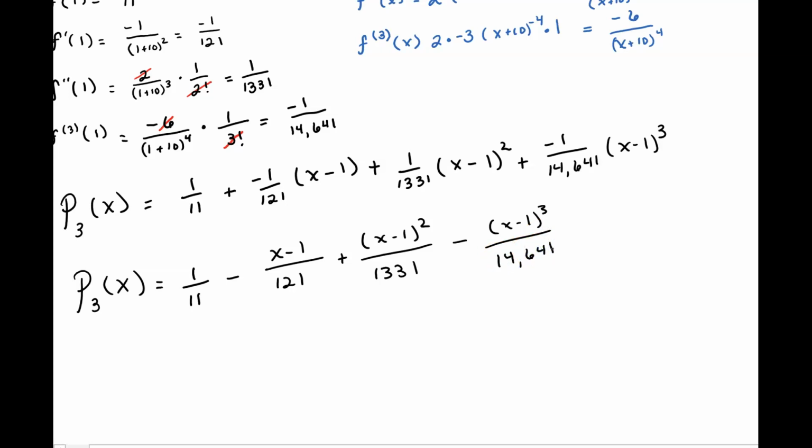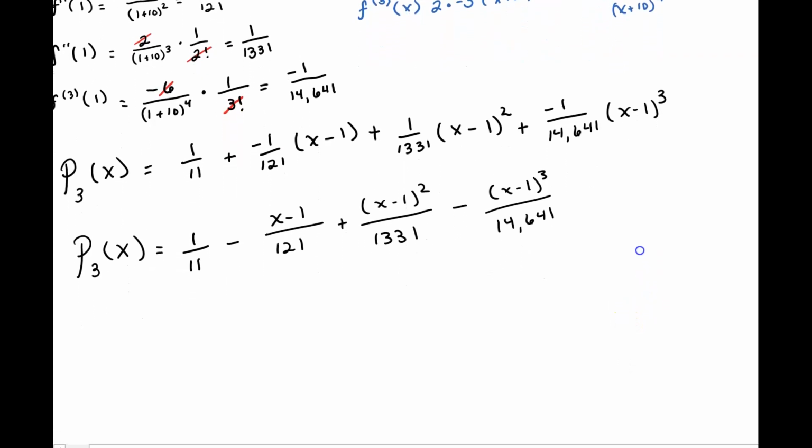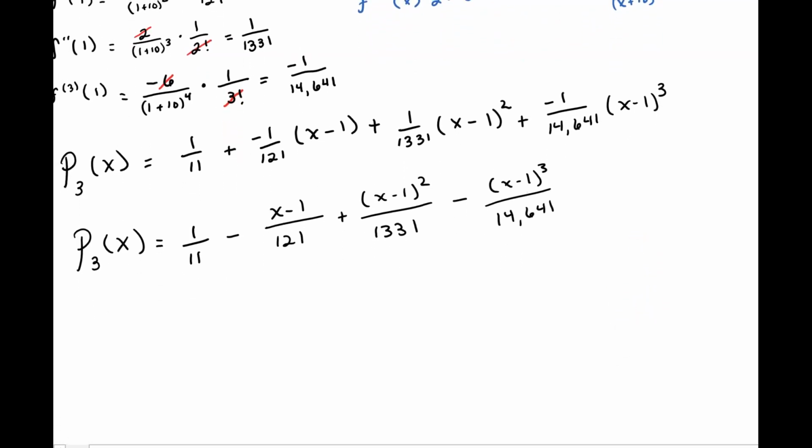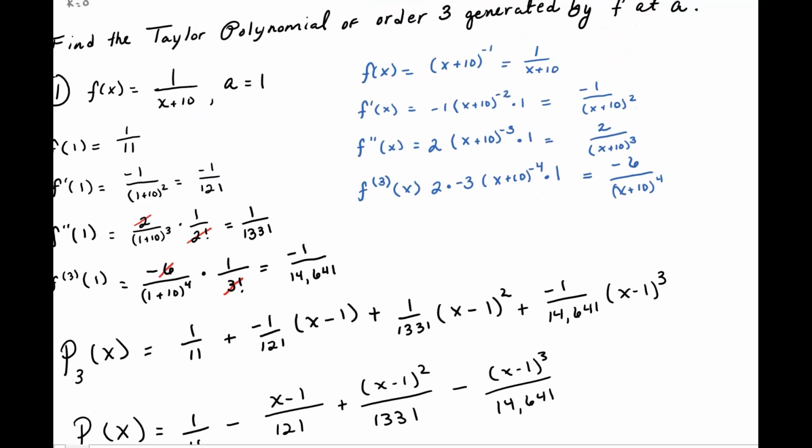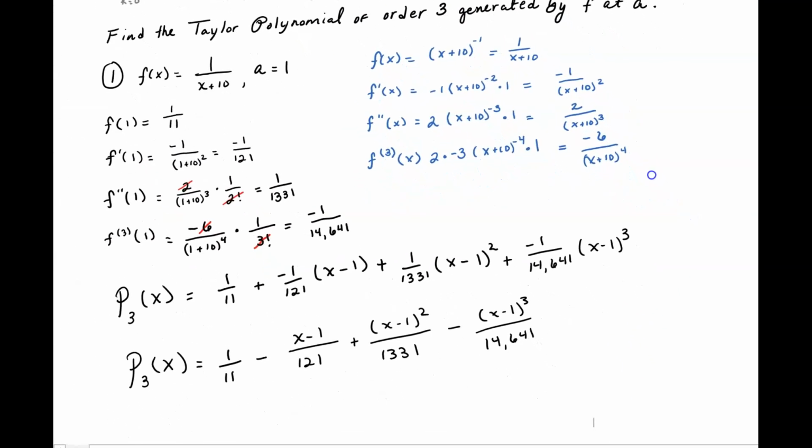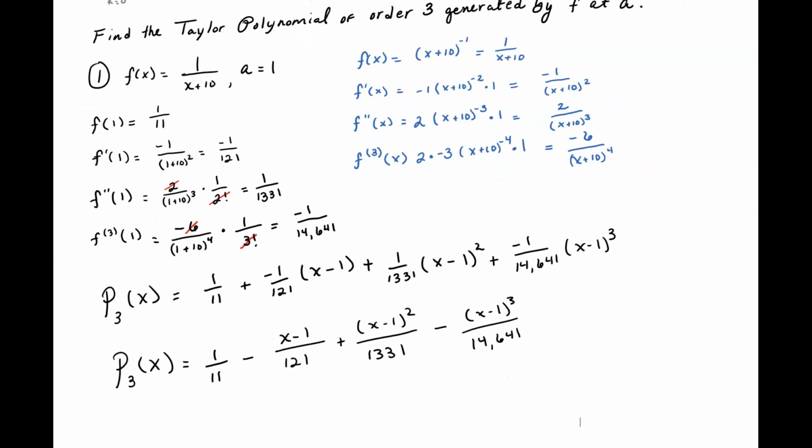So understand that this Taylor polynomial is the one of order 3, but you could have gone beyond this order because you just have to keep taking the derivative, as many times as you need to. So just watch out for the order that they're asking for in the problem.